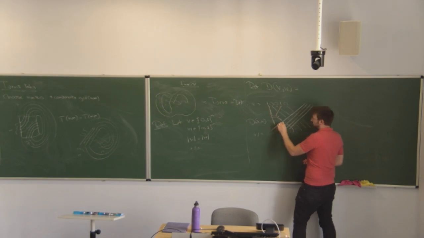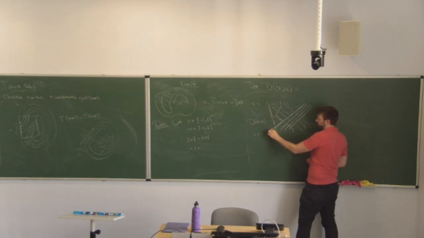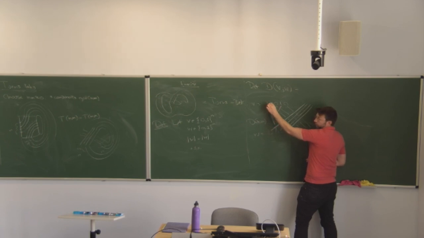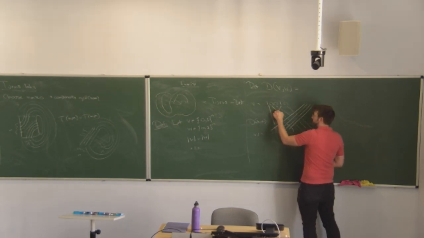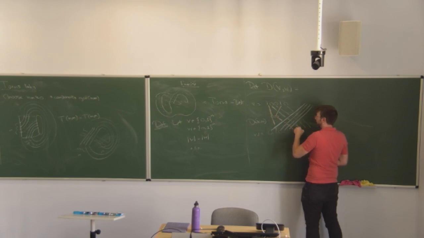I'm coloring this one blue because it is associated to 0 right here. However, when you close up, when you connect up the top and the bottom, it's going to connect to the red strand. So the red and blue have no meaning once you close up and take homology, but it's a useful device just for applying the relations that we were going to use over there.